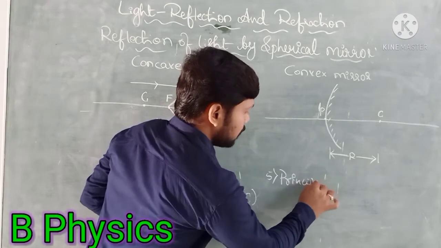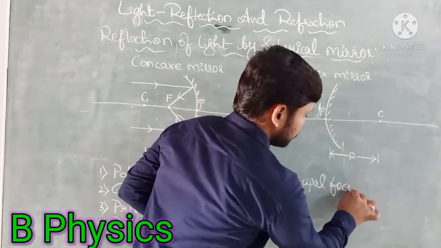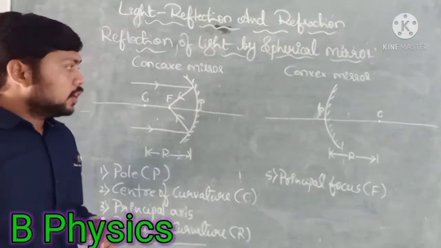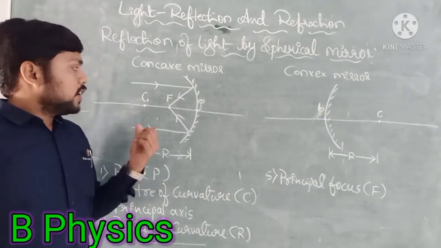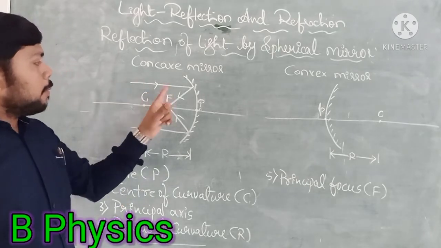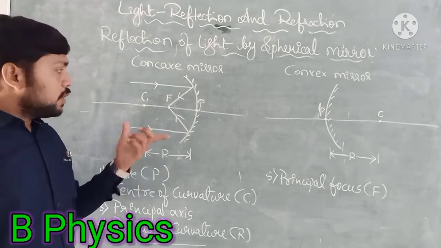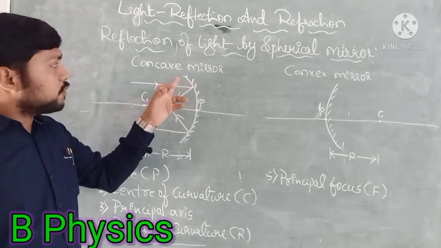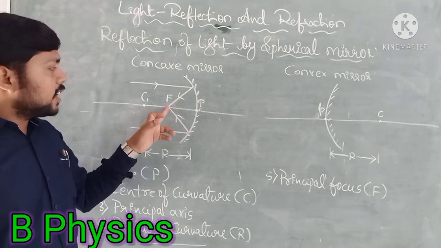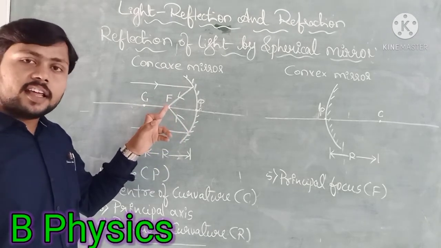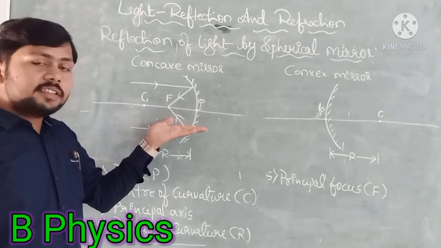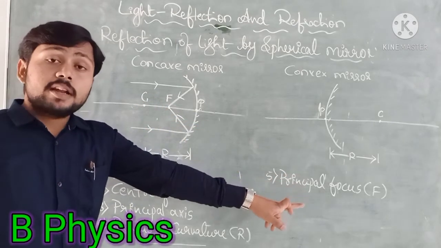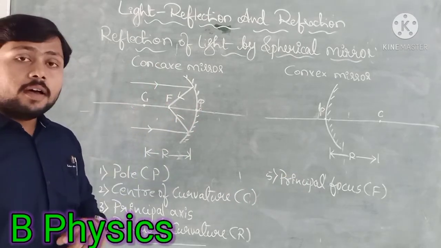What is that? Principal focus. It is represented by capital F. So what is meant by principal focus? A number of rays of light which are parallel to the principal axis, after reflection from a concave mirror, are meeting or intersecting at a point on the principal axis. That point is called the principal focus of concave mirror.